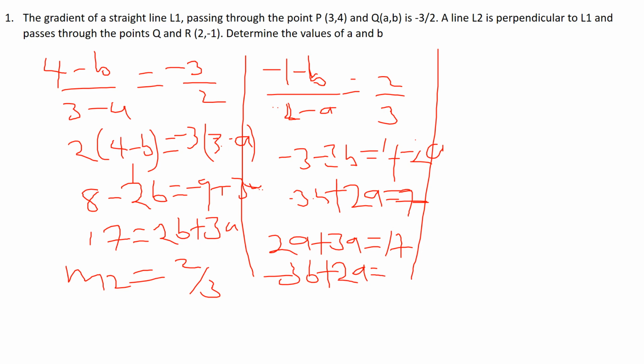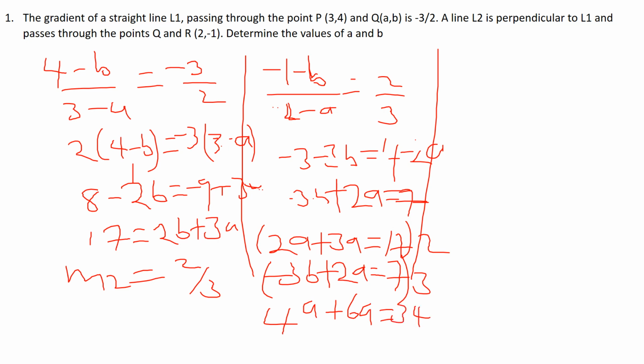I can eliminate a, so I multiply here by 3 and here I multiply by 2. So in this case, this will be equivalent to 4b plus 9a is equals to 34.